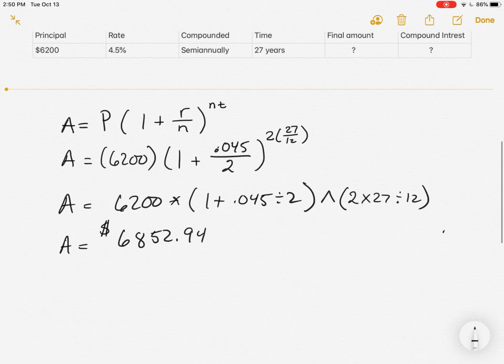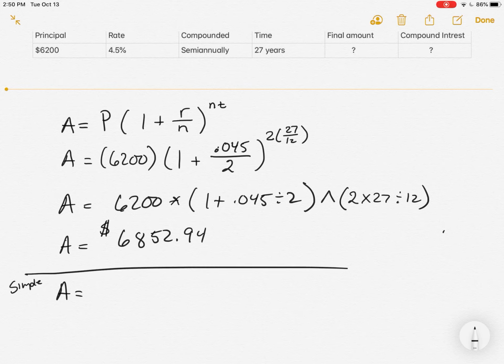If it was simple interest, let's see what simple interest would have done. The accumulated amount would have been, if it was simple and not compounded, principal times 1 plus RT, which in our case would be 6,200 times 1 plus 0.045 times 27 over 12.